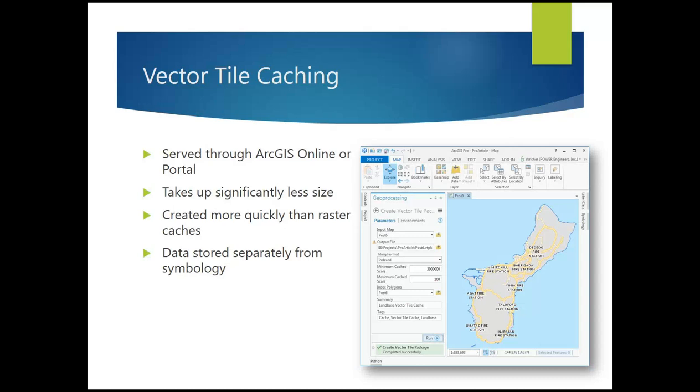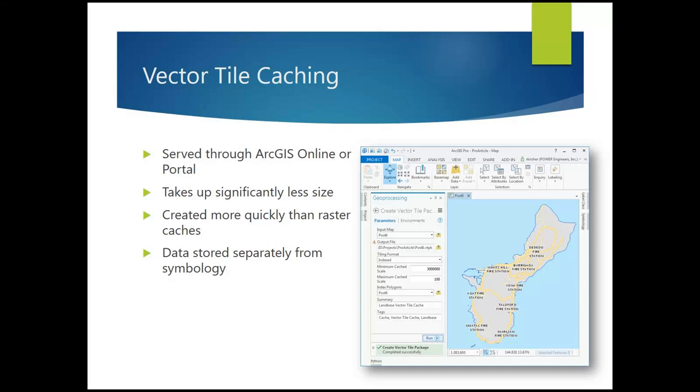So now you can go in and change the symbology without having to republish the entire cache. So if you notice that maybe a label's too big or a symbol's too small or you need to change the color, you can now go in and open that vector tile cache, make that simple little change, and just save it, and you no longer need to republish the entire cache, which is another great feature of ArcGIS Pro.